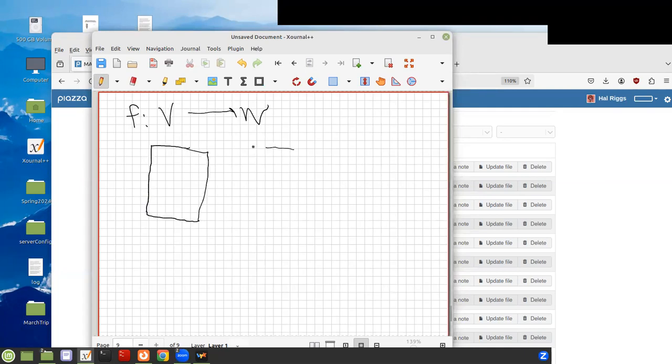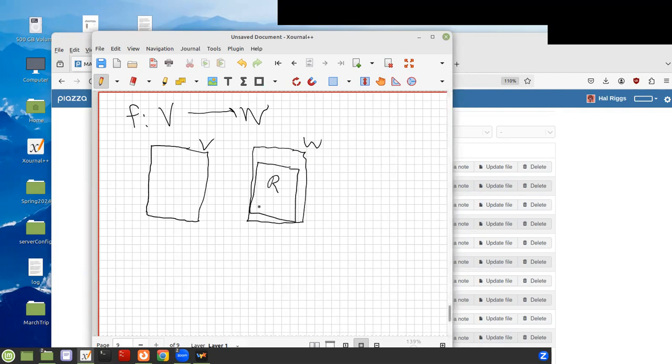Okay, well, that's there. Here's V and W, and here's the range space. There's the zero vector. Okay, well, now we can ask, if I choose a vector W over here, I can ask for the set.